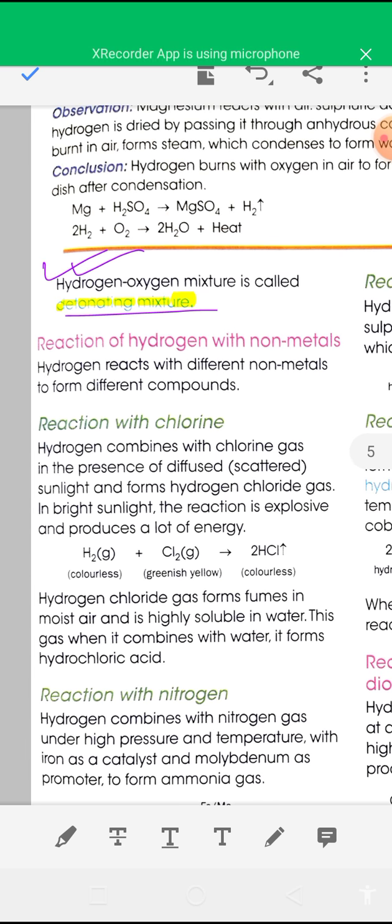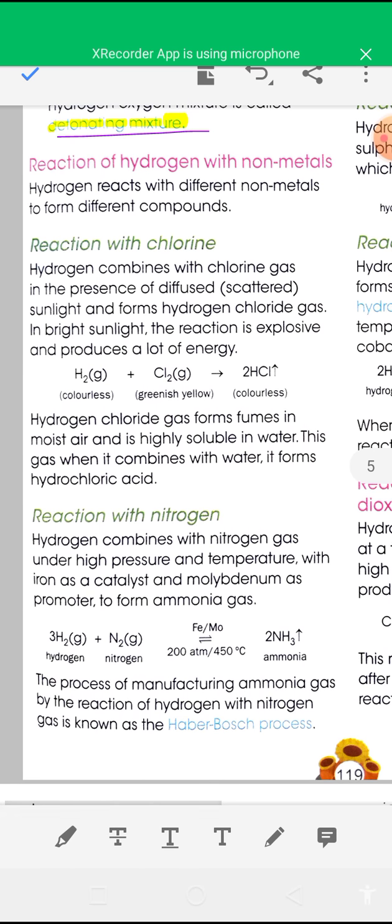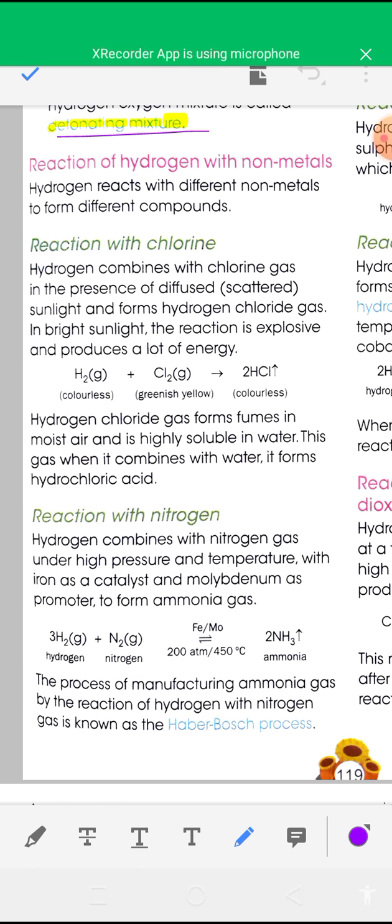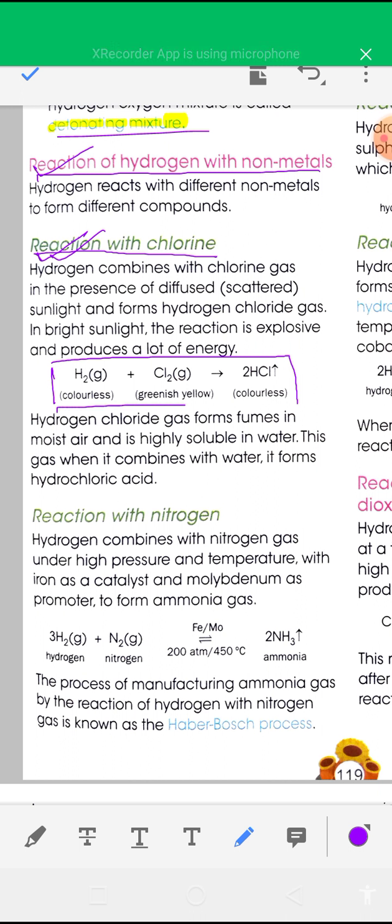Now see reaction of hydrogen with non-metals. Non-metals like chlorine, nitrogen and sulfur. So first, reaction of hydrogen with chlorine. When hydrogen reacts with chlorine, the product formed is hydrogen chloride gas.